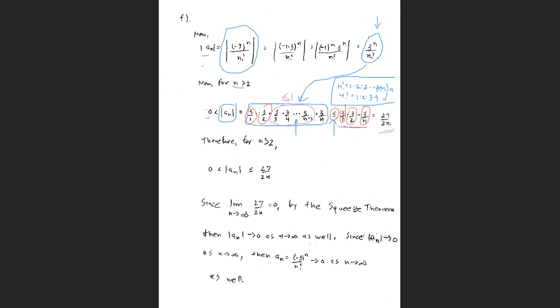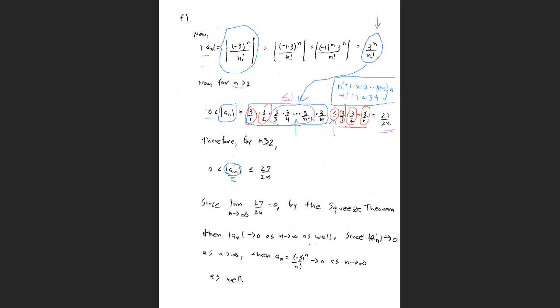So for n greater than 2, the nth term of our sequence, the absolute value of the nth term of the sequence, is going to be less than or equal to 27 over 2n.